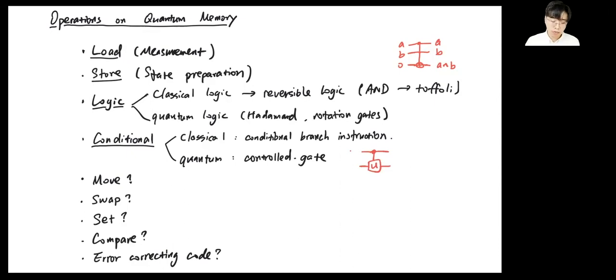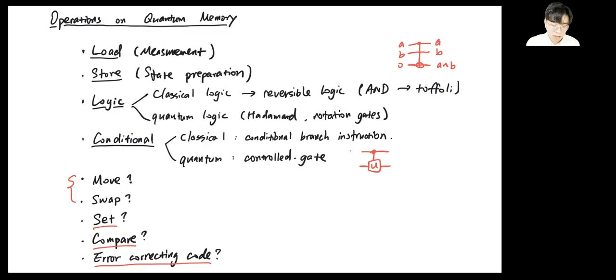Now for the rest of the lecture, I'm going to talk about two other slightly more complicated operations, namely move and swap. And you might ask about other operations on quantum memory, like how do I reset a qubit into some value? And how do we compare the state of two qubits? And even more, can we apply error correcting code with redundancy on qubits? I think that would be a fun exercise to do after the lecture, and I might put some of them in the homework.